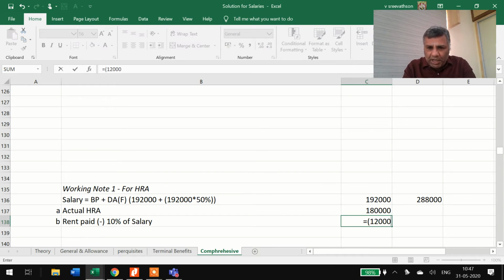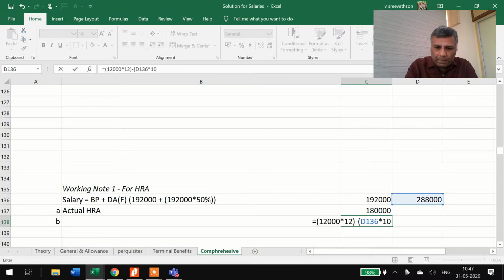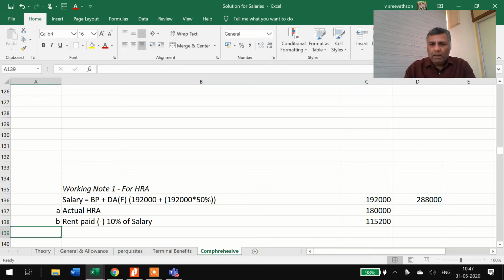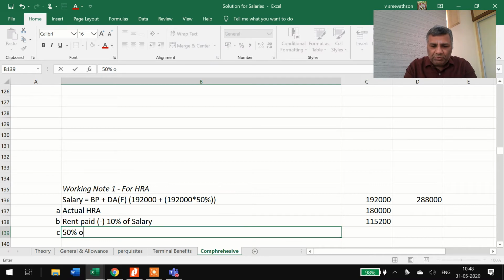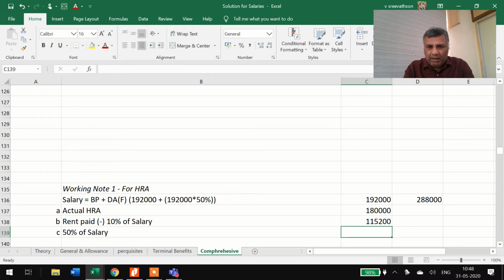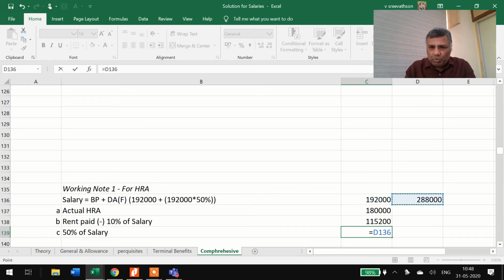Rent paid is 12,000 per month minus 10% of salary, 1,15,200. C, 50% of salary, nothing but 2,88,000 into 50%, 1,44,000.